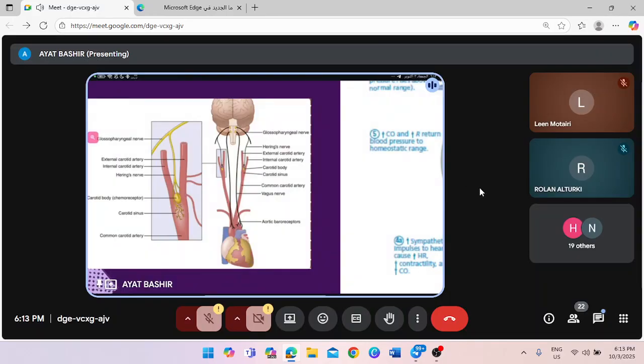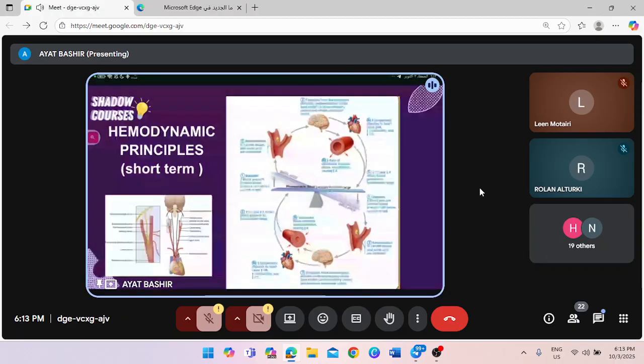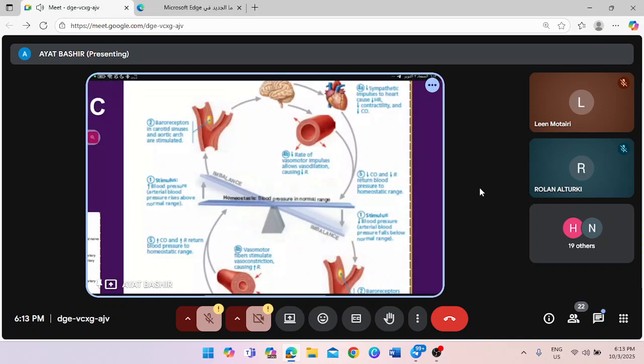From the carotid body, the signal goes by the glossopharyngeal nerve and then stimulates the medulla. So first, what will happen when we have increased blood pressure, when the arterial blood pressure rises above the normal range? The baroreceptors in the carotid sinus and aortic arch will be stimulated.